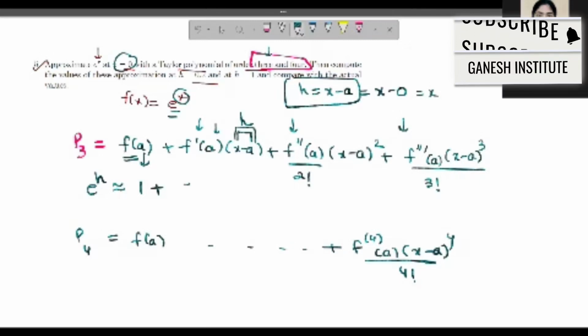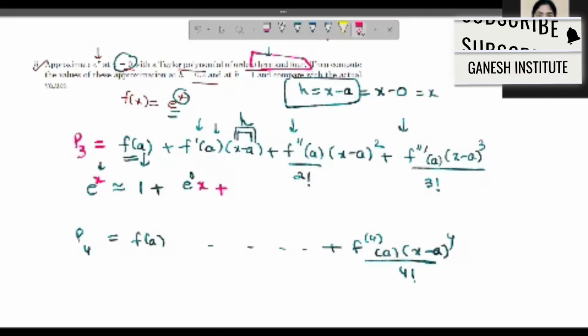Ma'am, e raised to power a, and a is 0 here, right? Yes, so 1. And then if it is into h, then you will put h. If you are assuming it as x only, then you will put x only. So if it is e raised to power x, you'll write x, right?